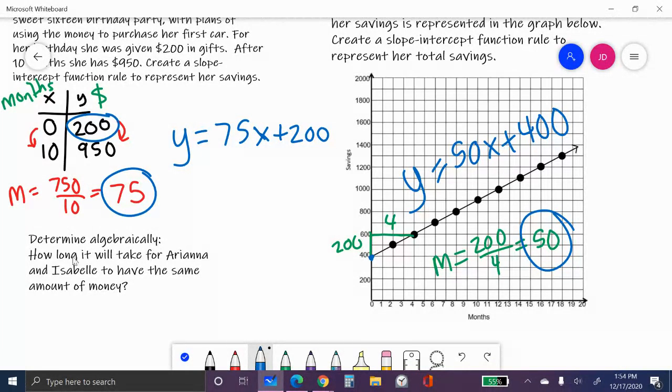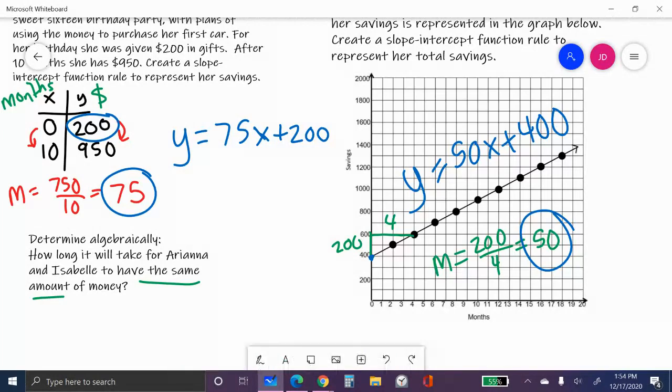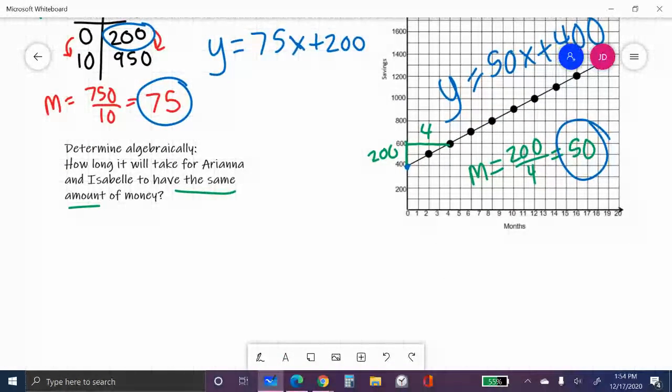Okay. So it's to determine algebraically, how long will it take for Ariana and Isabel to have the same amount of money? Same means equal. So I want to make an equation using their function rules.